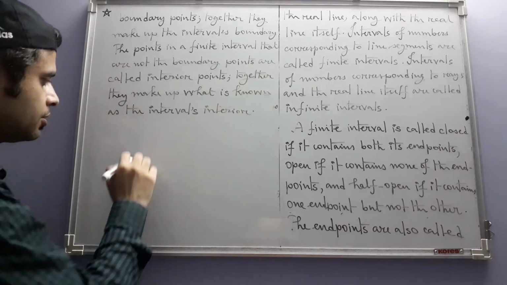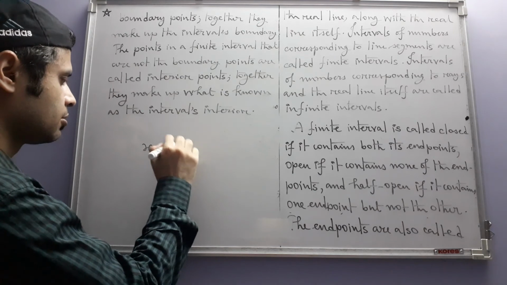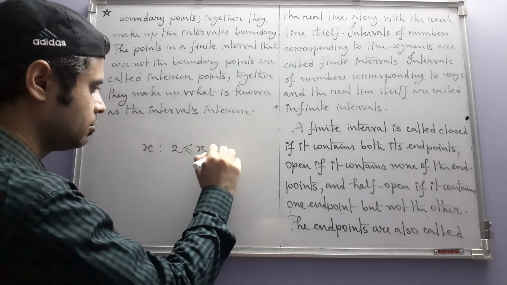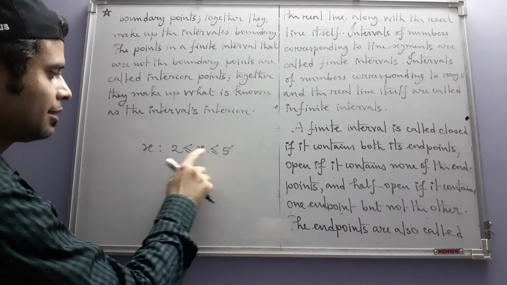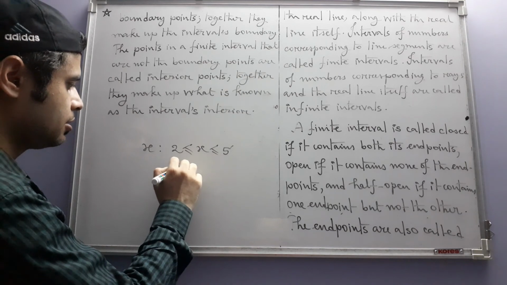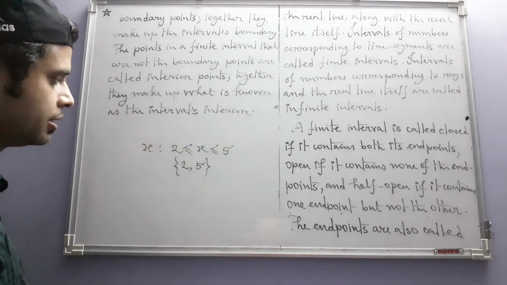So for example, if we look at the set of all real numbers such that this, then 2 and 5 are boundary points and the set consisting of them is called the interval's boundary.